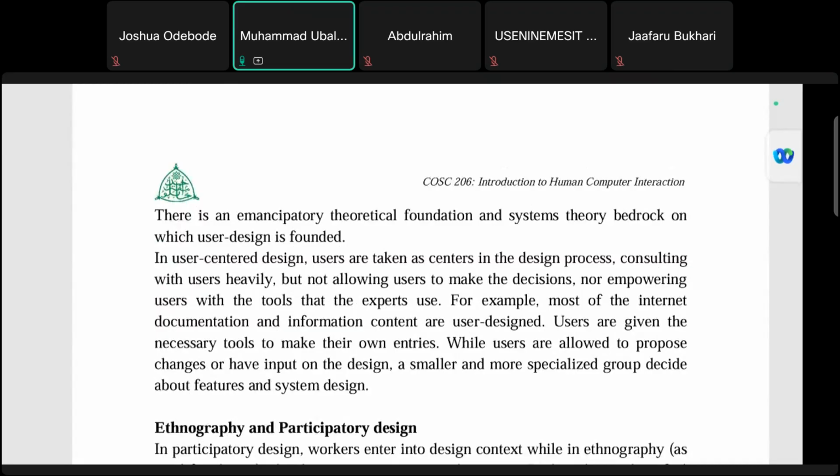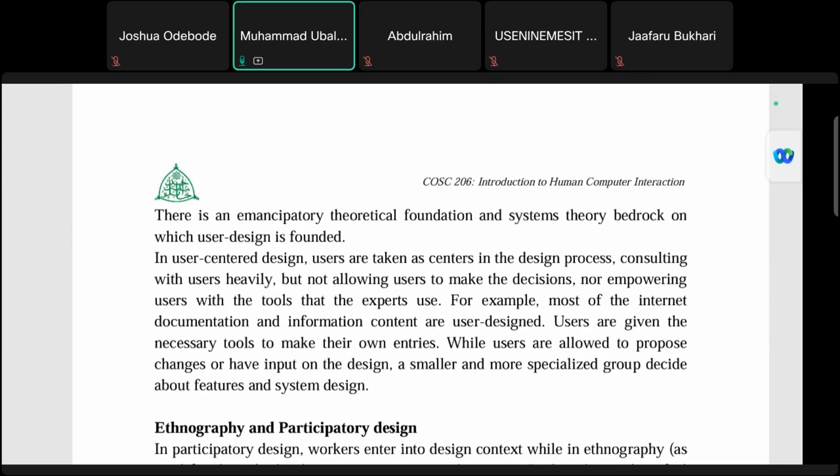who are consulted, but in this case, the users do not get to give the final decision. So in a situation where we apply a user-centered design, users are only consulted in this case, but their advice may not necessarily be useful in the design. They may be consulted.